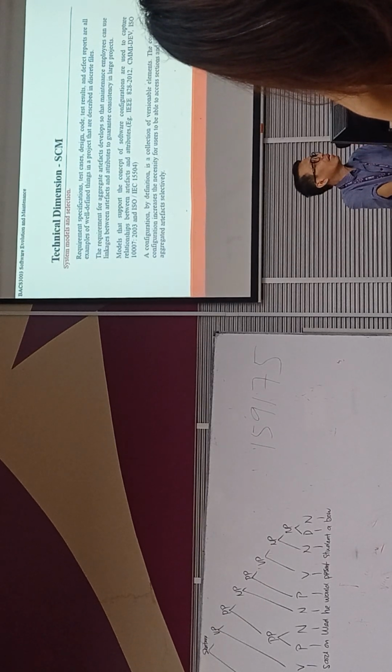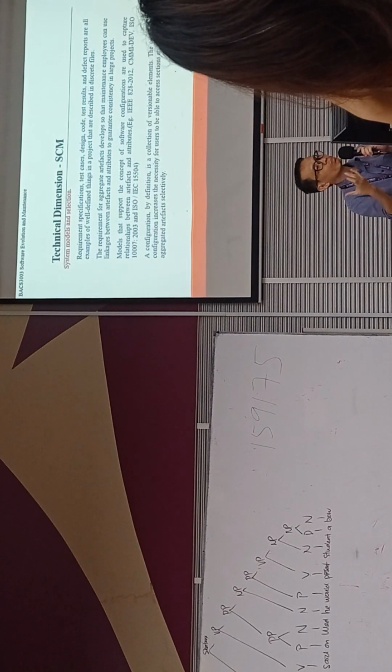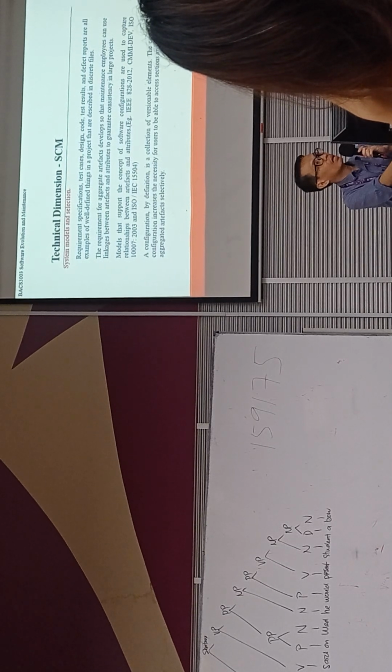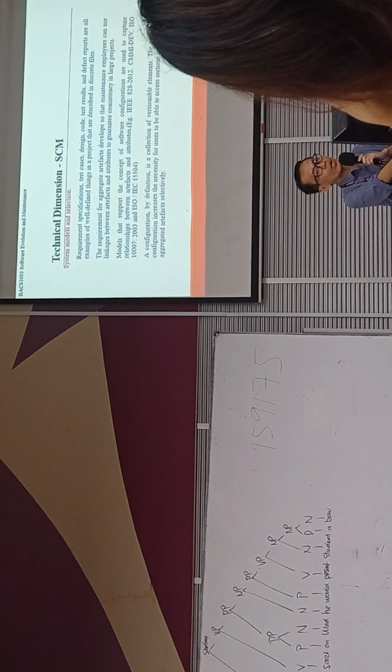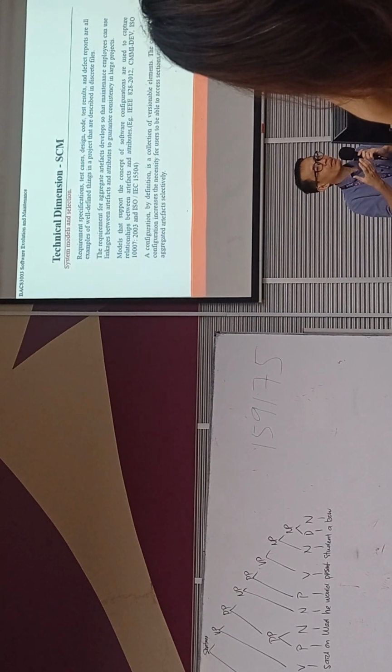But definitely in software configuration management, sometimes you need to apply models. Models here, maybe you can refer to a standard, that is used to support the concept of software configuration. Maybe in your software configuration, you apply a standard that follows certain rules to perform software configuration management.